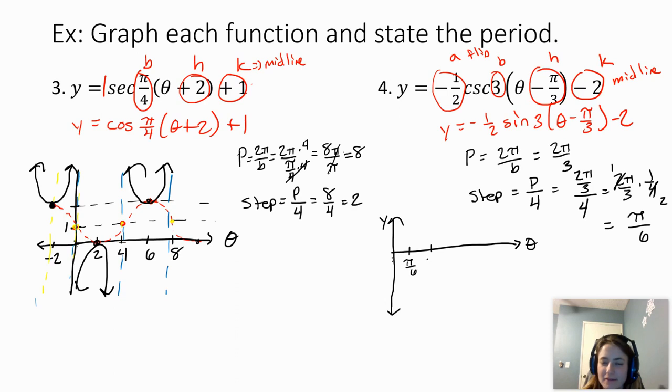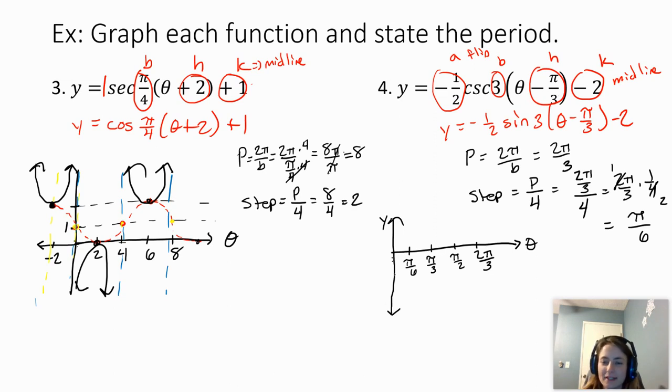Then we go to 2 pi over 6, simplify it, pi over 3. Then 3 pi over 6, simplify that, pi over 2. And then 4 pi over 6, we simplify that, it's going to be 2 pi over 3.